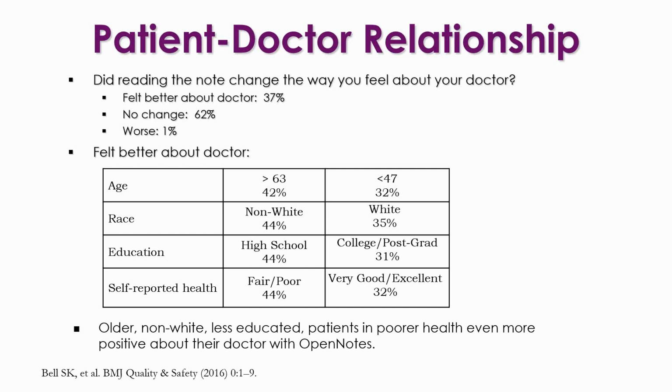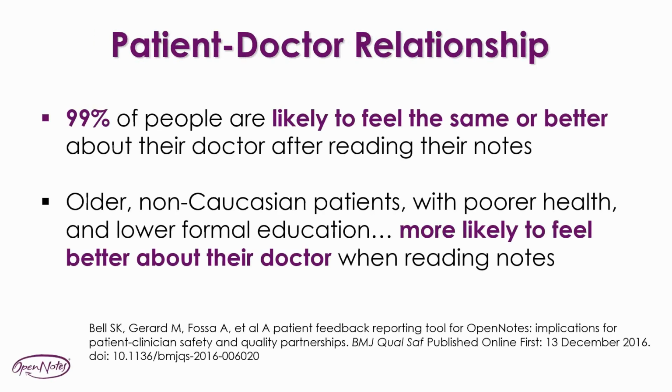In the next slide, this summarizes our findings. 99% of people are likely to feel the same or better about their doctor, so the relationship seems to improve. And then those that are non-Caucasian in poor health and lower education are more likely to feel better about their doctor.